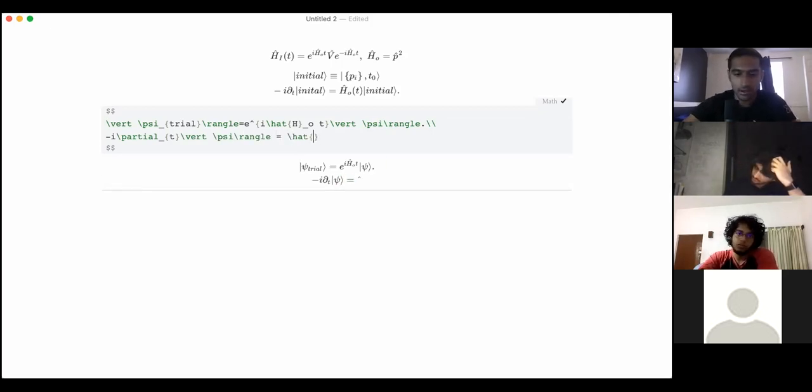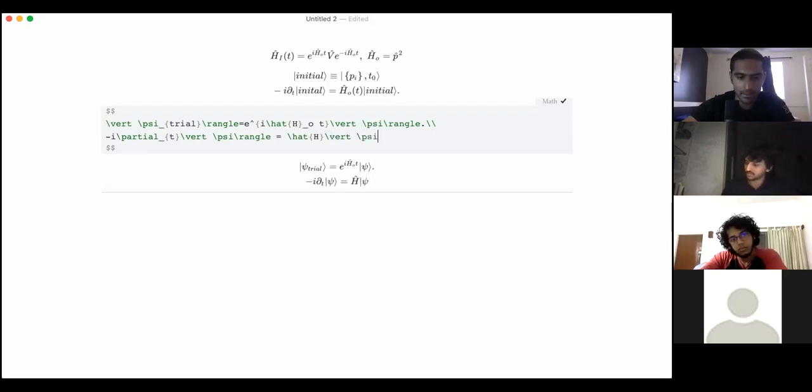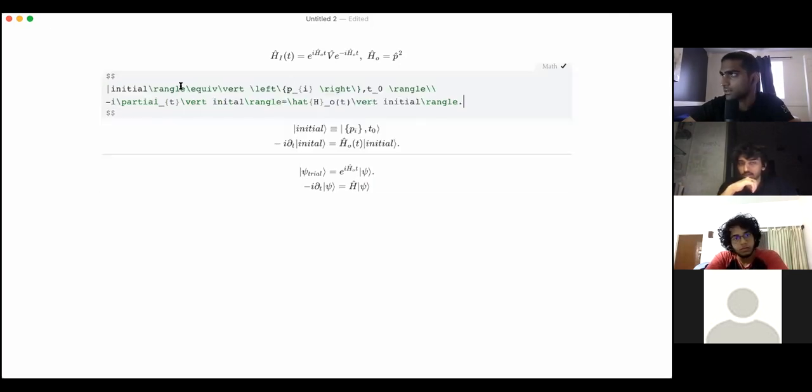This equals our full H. Now when it hits this i, I think there's no minus sign.